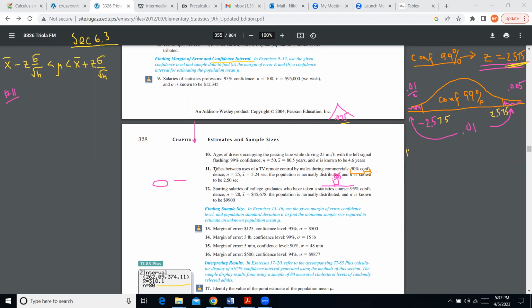So in this exercise, they say the sample mean is 524. Then we also have a standard deviation, which is 2.5. Well, they say it's sigma, so sigma or S, I guess, doesn't matter in this case. Sample size is 25.